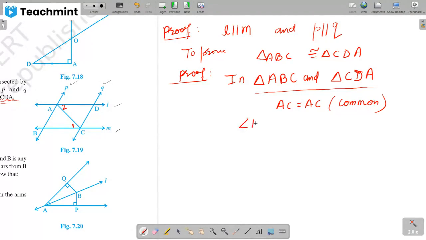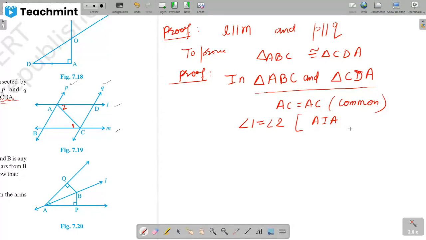Correct. So we can write angle 1 is equal to angle 2. If you are writing 1 and 2, don't forget to mark in the figure. Otherwise, you can write angle ACB is equal to angle CAD. So angle 1 equals angle 2 because they are alternate interior angles.